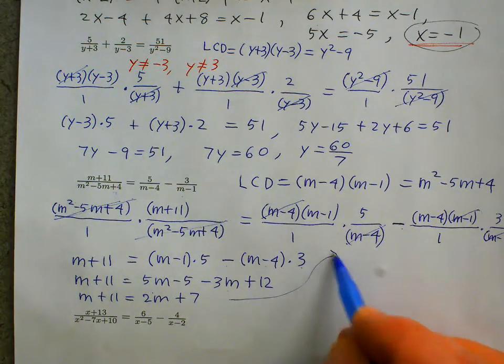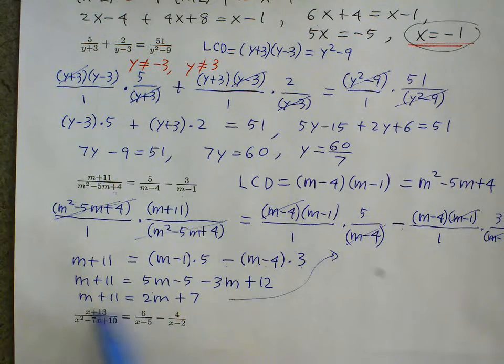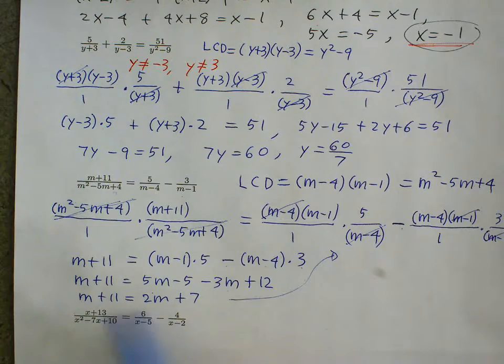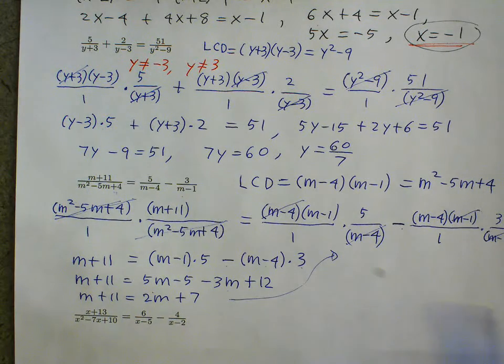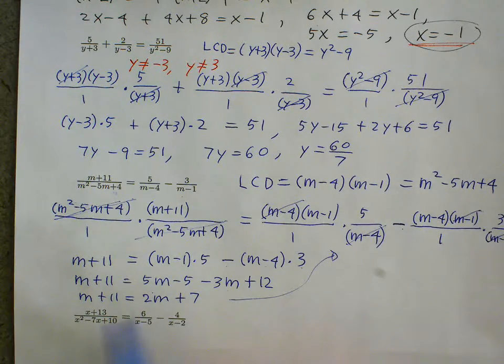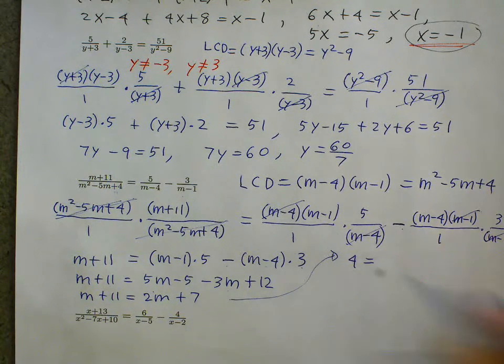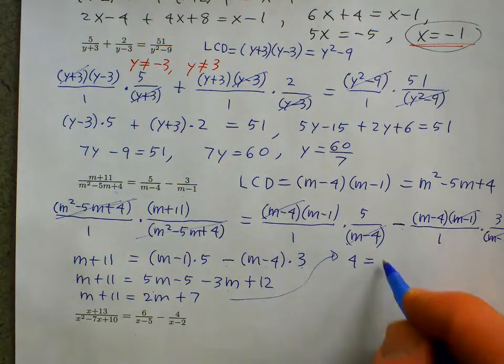And in the next step, I'm going to subtract m from both sides and also subtract 7 from both sides. When we subtract m and 7 from both sides, the left-hand side will be 4, and the right-hand side will be m.